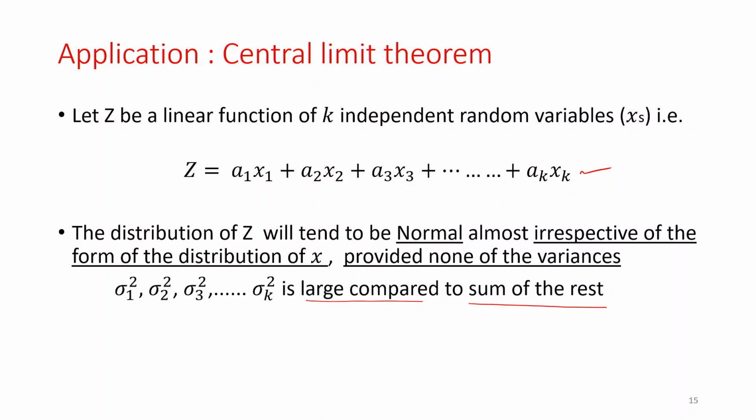So this is also basically an application of the central limit theorem, that if Z is a variable related to the variables x1, x2, x3 up to xk by a relationship shown here, which is a linear function, the distribution of Z will be normal irrespective of the form of the distribution of x, provided none of the variances of x1, x2, x3 are large compared to the sum of the total variances.